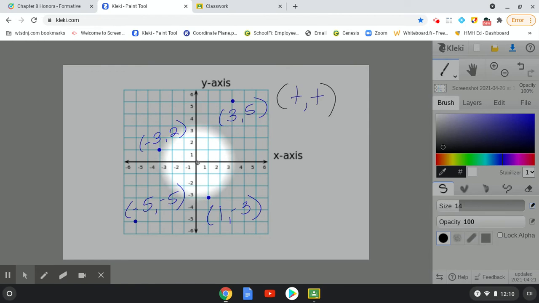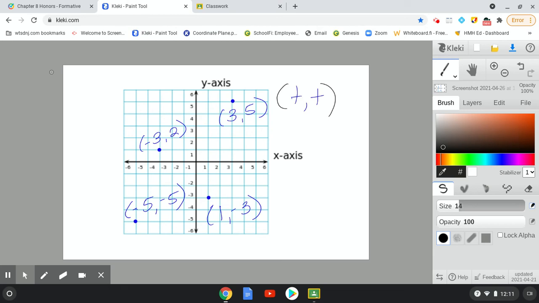From our origin, we would have to go left to a negative number and up to a positive number. So any coordinate that lands in quadrant 2 would be a negative positive. So we would have a negative positive.